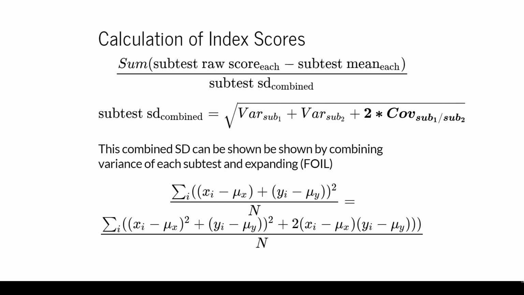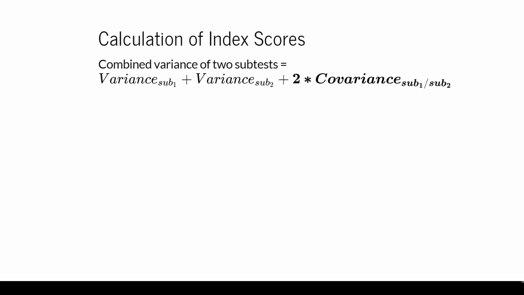And we can expand this on the top, FOIL it out, and you can see that the first 2 terms, x sub i minus mu sub x squared plus y sub i minus mu sub y squared, those are the variances. So that's the variance of subtest 1, if x is subtest 1, plus the variance of subtest 2. The second part, this plus 2 times x sub i minus mu x times y sub i minus mu y, that's the covariance. So that's where we get the formula. You can find some videos that explain that more thoroughly.